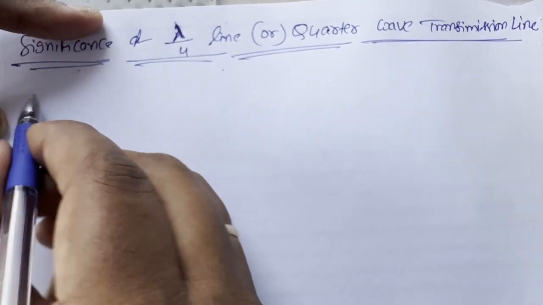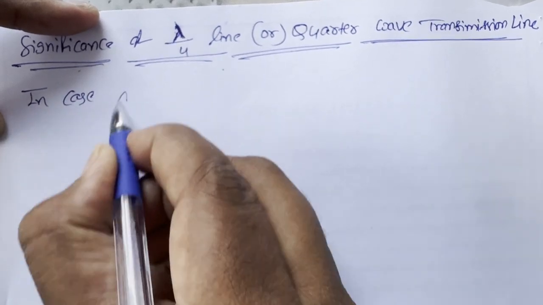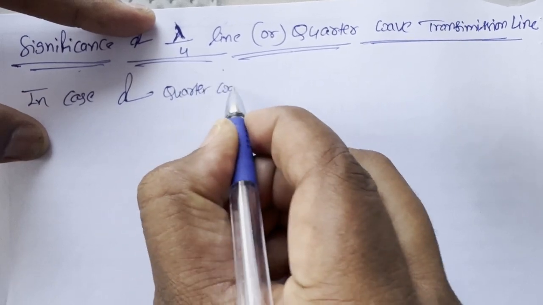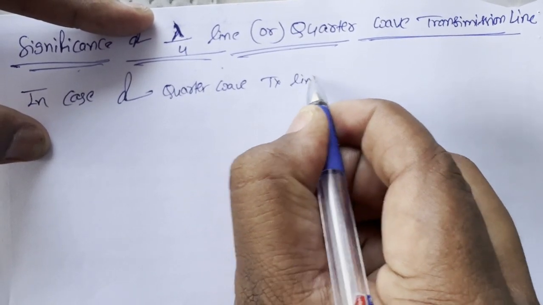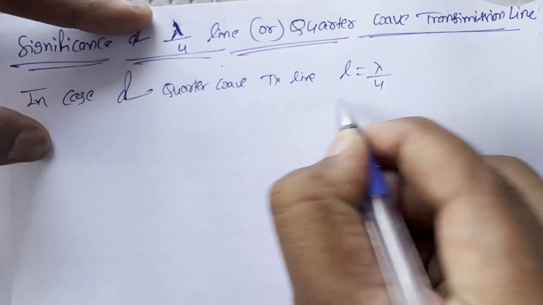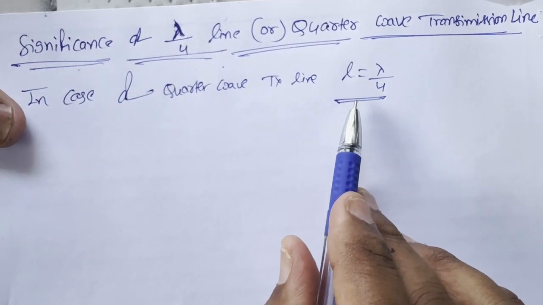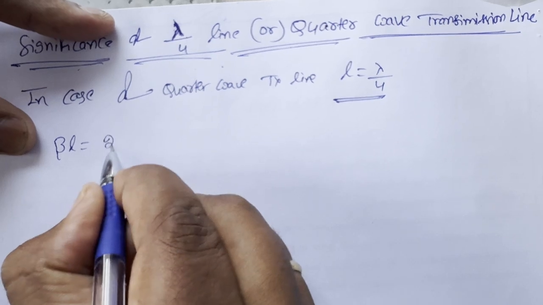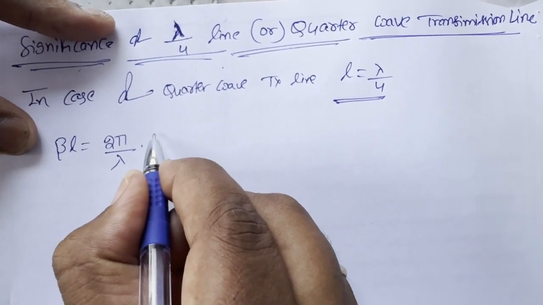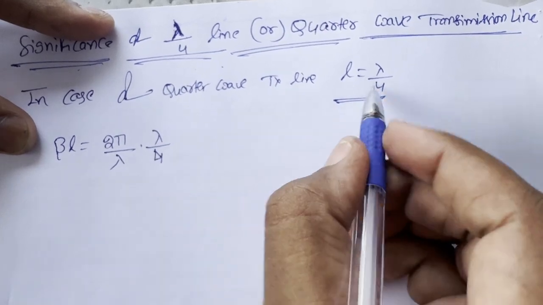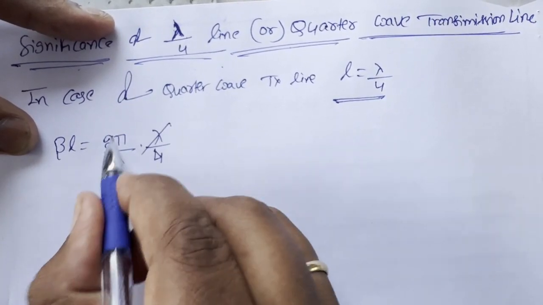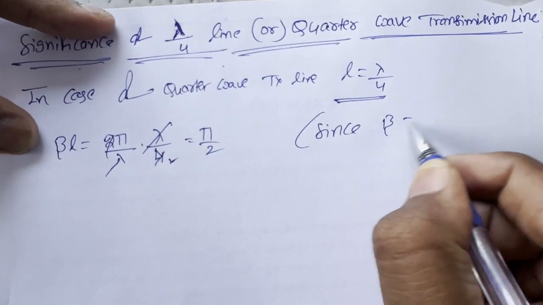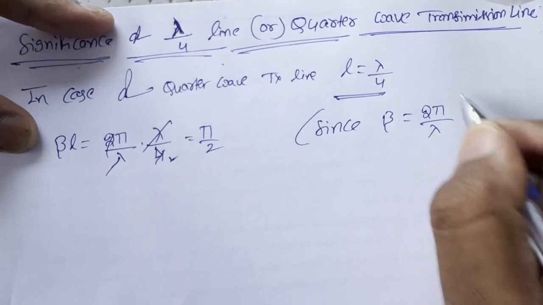In case of the quarter wave transmission line, L is equal to lambda by 4. Then beta L is equal to, beta means 2 pi by lambda, into L which is lambda by 4, that is equal to pi by 2, since beta is equal to 2 pi by lambda.